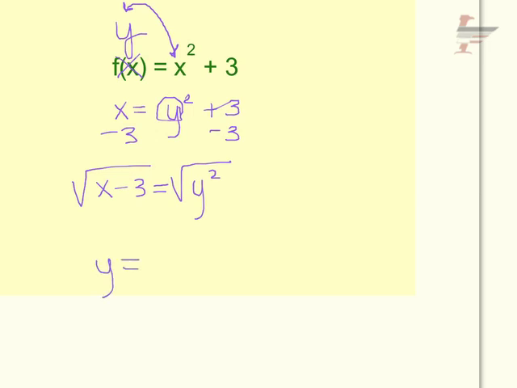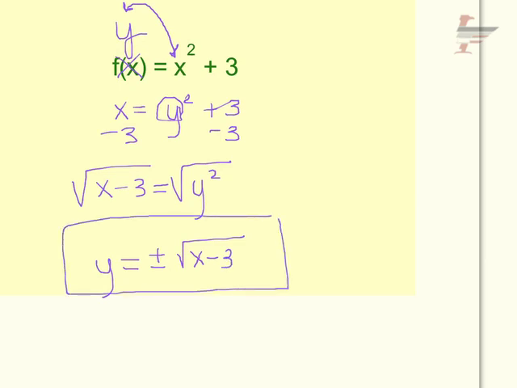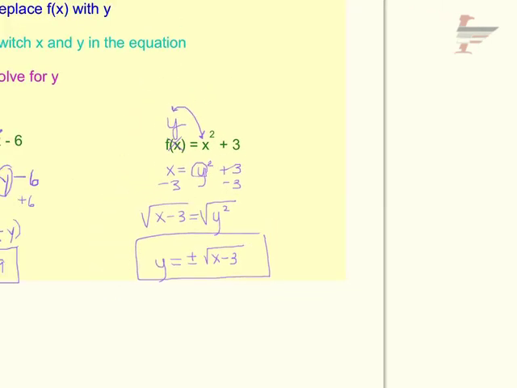Now, the thing to remember is we're solving an equation, and we just square rooted both sides. We took an even root, which brings in your plus or minus. And then the square root of x minus 3, we actually cannot simplify that any further. So there we found the inverse.